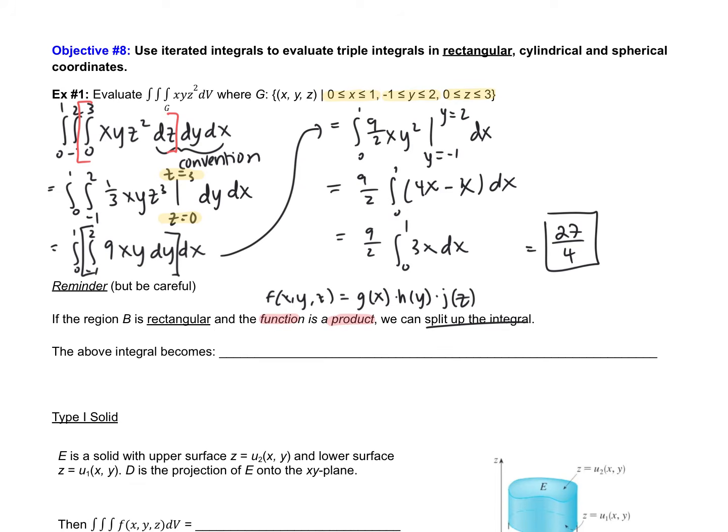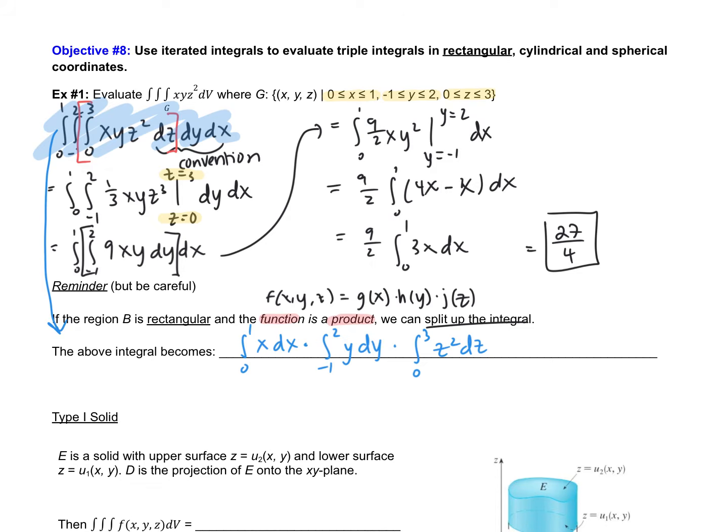So what we could have done from the very beginning when we were evaluating this integral is write it instead as the integral from 0 to 1 of x dx multiplied by the integral from -1 to 2 of y dy multiplied by the integral from 0 to 3 of z squared dz.